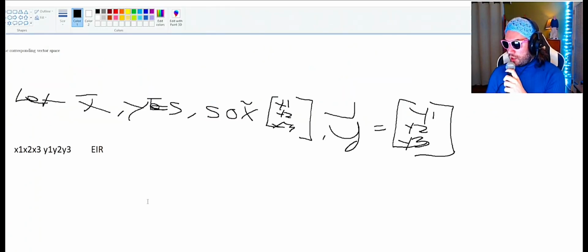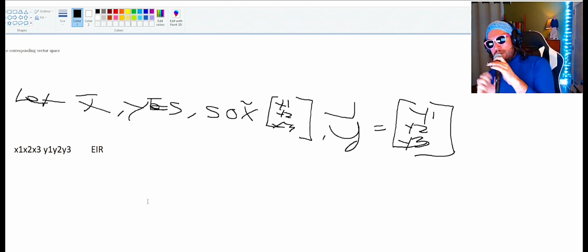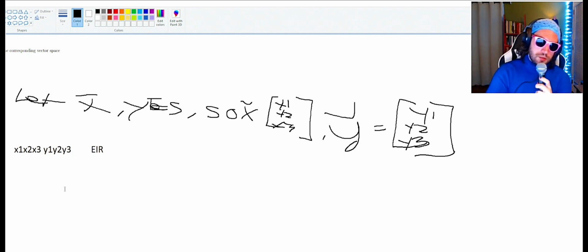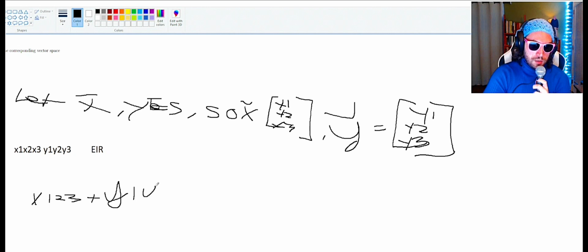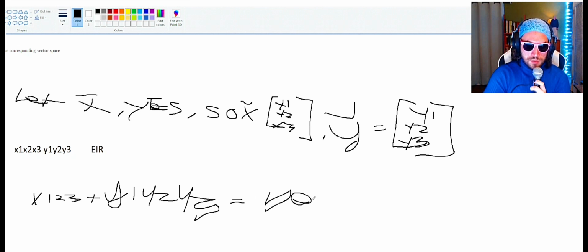Closure under addition. You get x3 plus y3 equals x1 plus x2 plus y1 plus y2 equals x1 plus y1 plus x2 plus y2. So x plus y is in S. So basically, the takeaway here is x1, x2, x3 plus y1, y2, y3 equals x plus y.